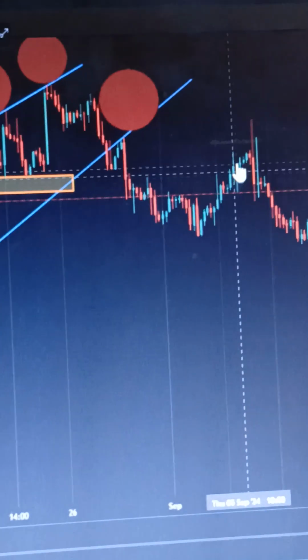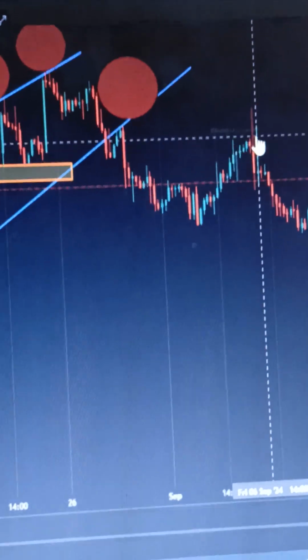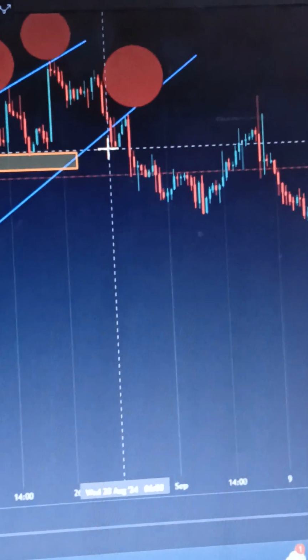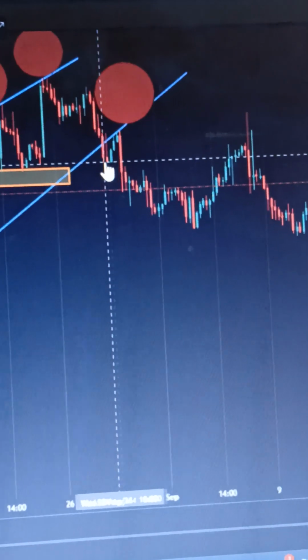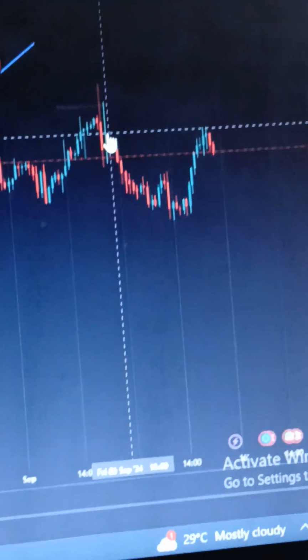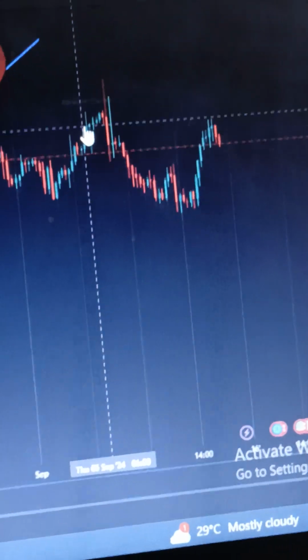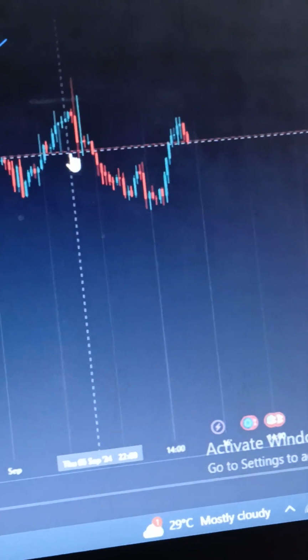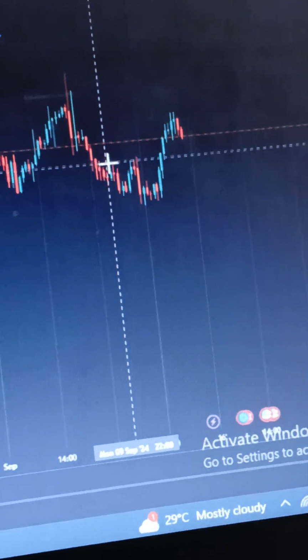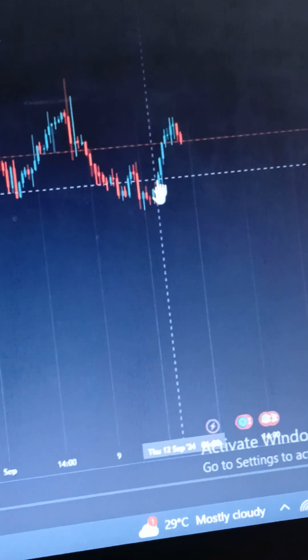You can see after breaking out, this little support zone actually acted as a resistance here, which shows you that the market is moving to the downside.